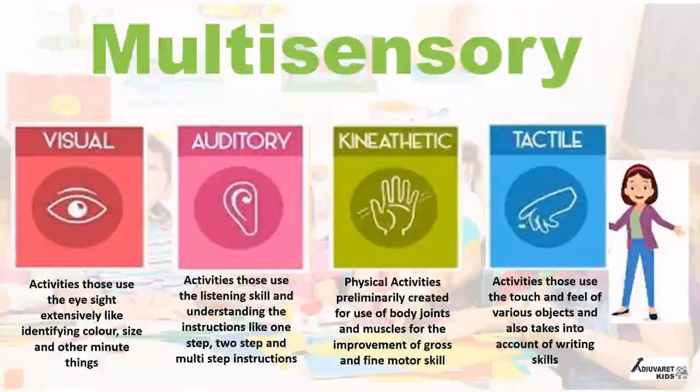So touching various surfaces, touching various objects, and feeling them is one of the major skills for the child to develop. This skill also helps make sure the child's writing skill gets better. So this VAKT can be utilized for the multisensory learning mechanism.